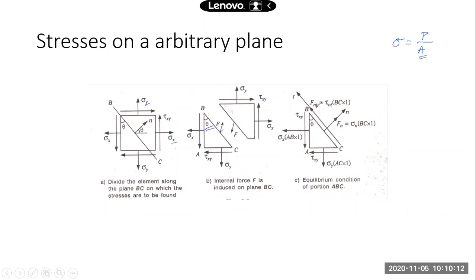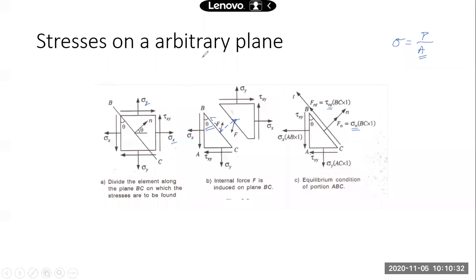This is shown over here. Tau is the stress parallel to plane BC, and sigma n is the stress normal to plane BC. We are trying to find out what these stresses are. This is what the basic step involves.